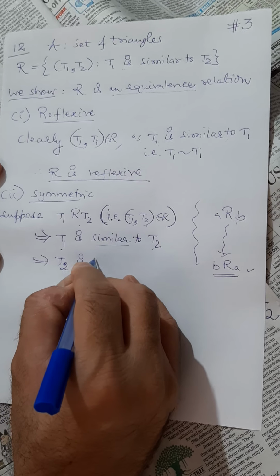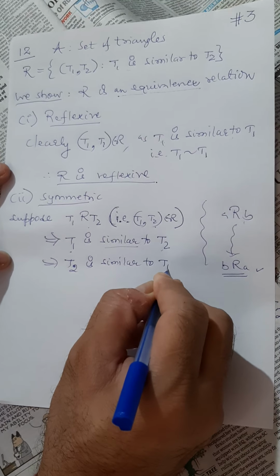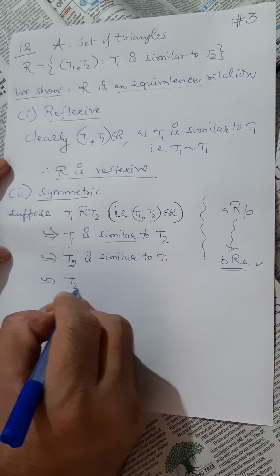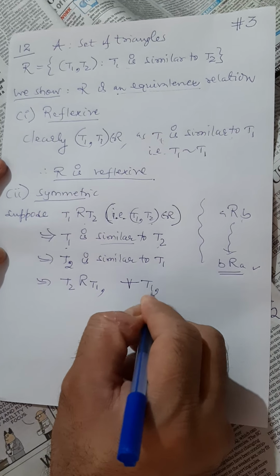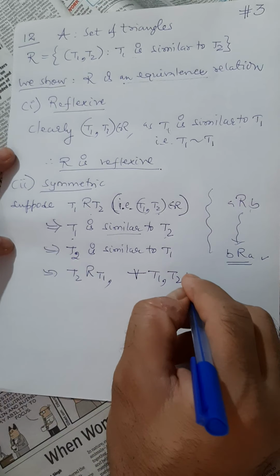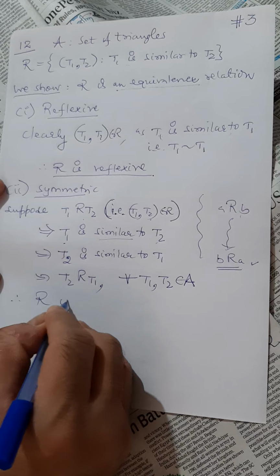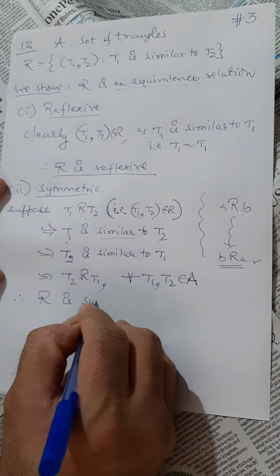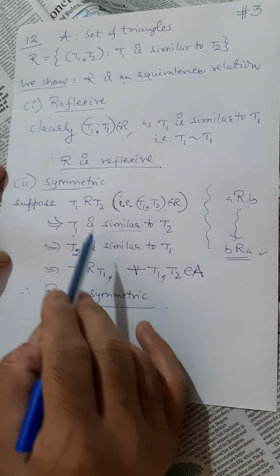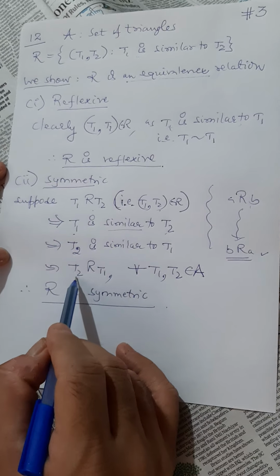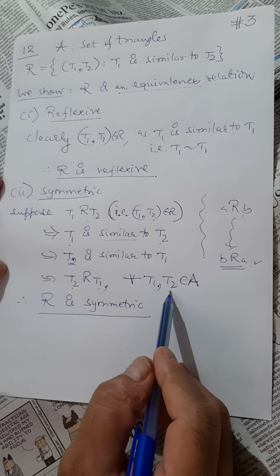So here T2 is similar to T1, and therefore you can say that T2 is related to T1, and this is true for every triangle T1 and T2 belonging to A. So therefore here R is a symmetric relation. Whenever T1 is related to T2, you have shown that T2 is related to T1, and this is true for every pair of triangles T1 and T2.